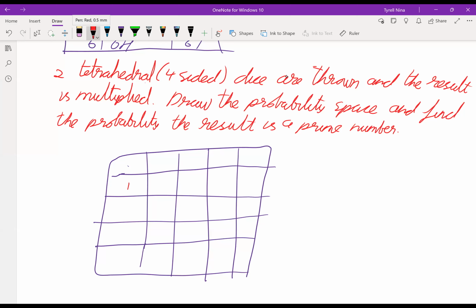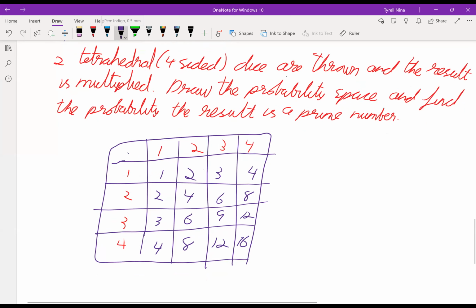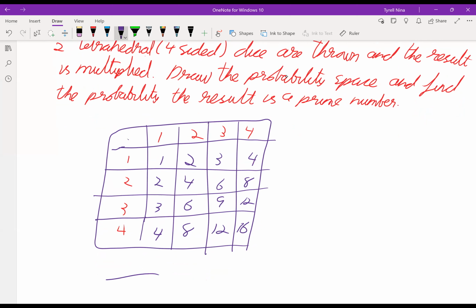My table, 1, 2, 3, 4, 1, 2, 3, 4, and I'm multiplying the result. 1, 2, 3, 4, 3, 4, 6, 8, 6, 8, 9, 12, 16. So what's the probability it's a prime number? How many prime numbers do we have? The prime numbers are 2 and 3. Number 1 is not a prime number, right?